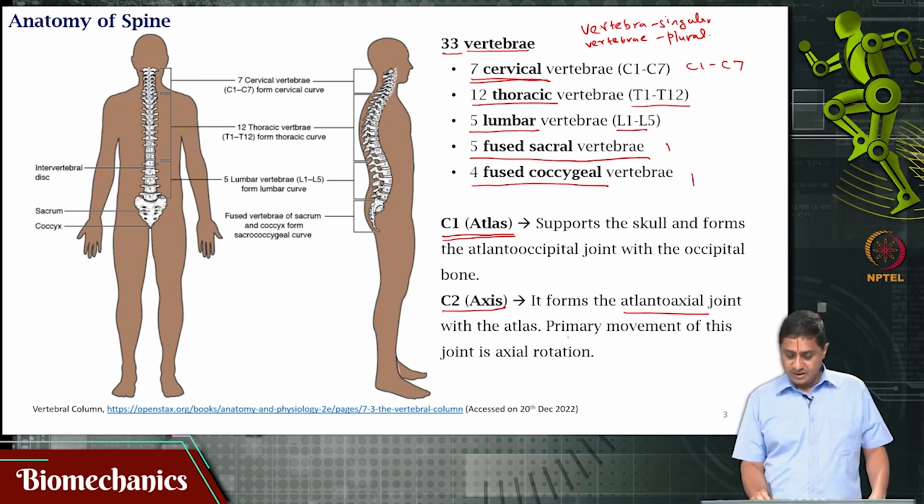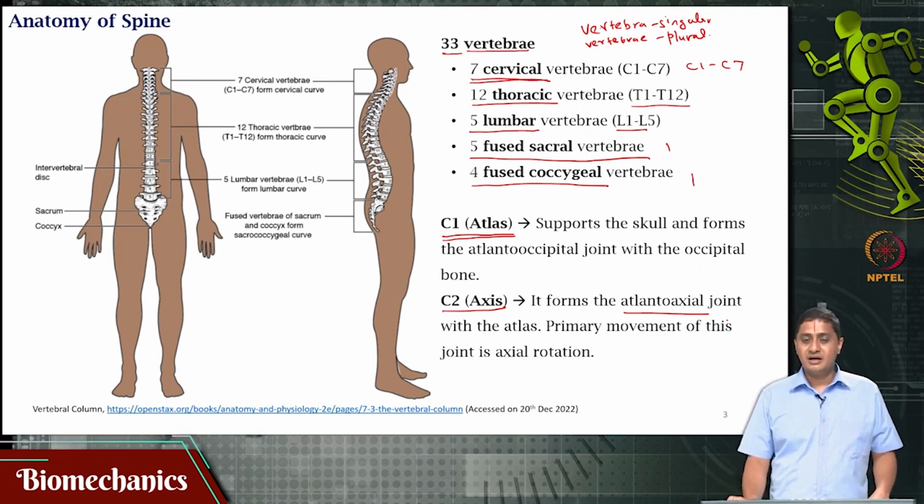This joint allows for more movement at the neck level. There are 2-3 movements that are possible in this case. It performs a large amount of rotation like that. And a lot of head rotation is possible at the atlanto-axial joint.